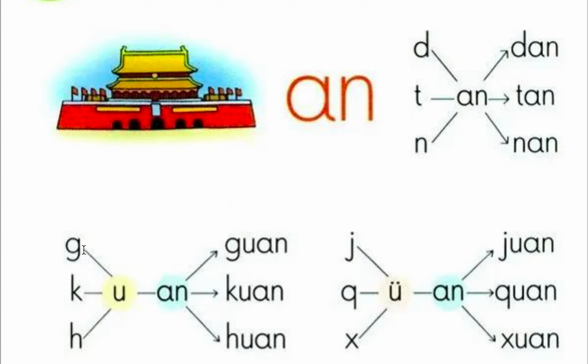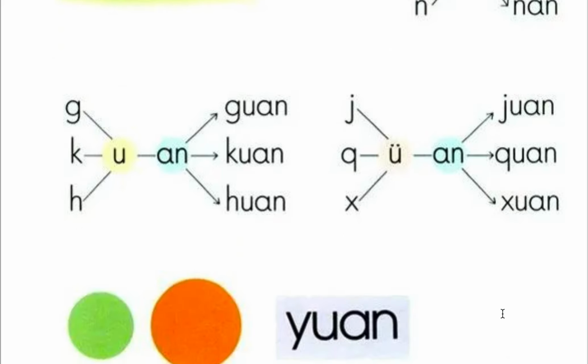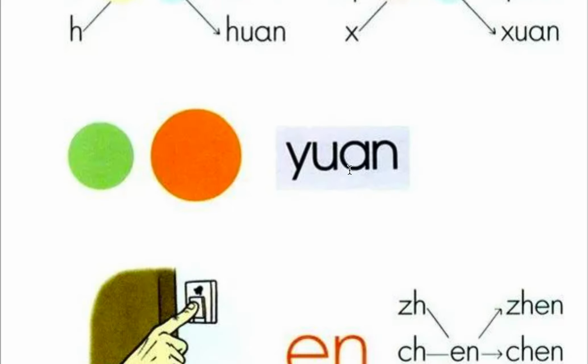It's the same if it's with other ones, like here, g-uan, k-uan, h-uan. But with j, q, x here, it means it's yu without its eyes. So this will spell as j-yuan, juan, q-yuan, quan, x-yuan, xuan. Okay, yuan.